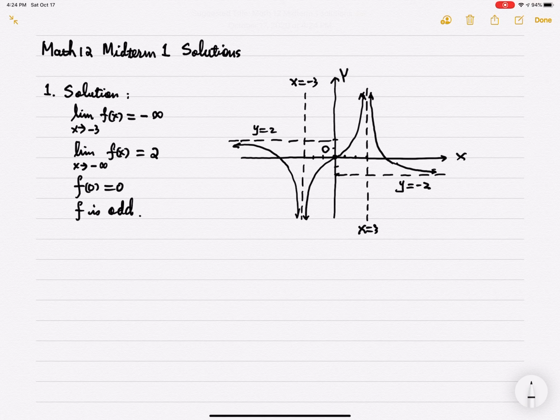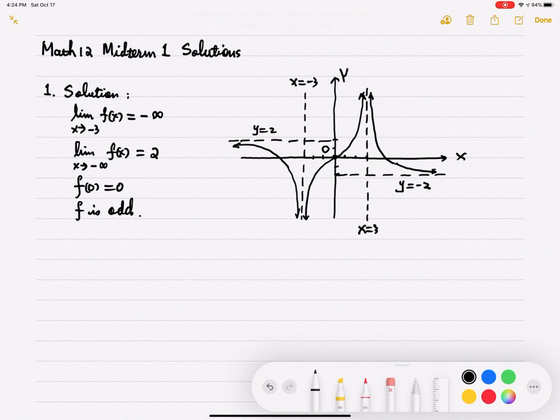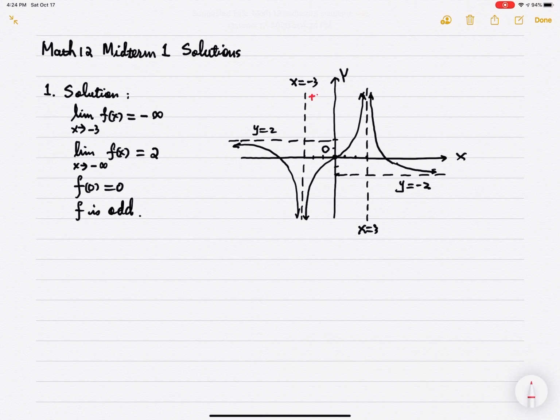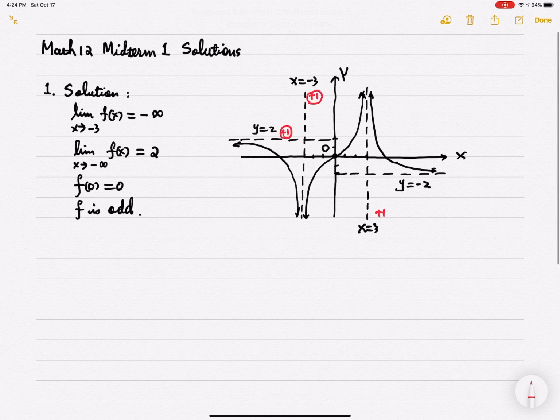Let me put in the partial credits. I will say each straight line is 1 point, and then 1 point, and then 1 point, and then 1 point.